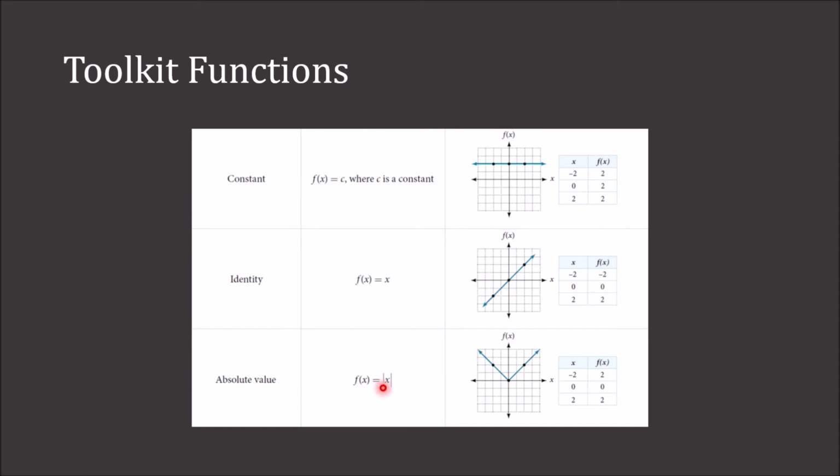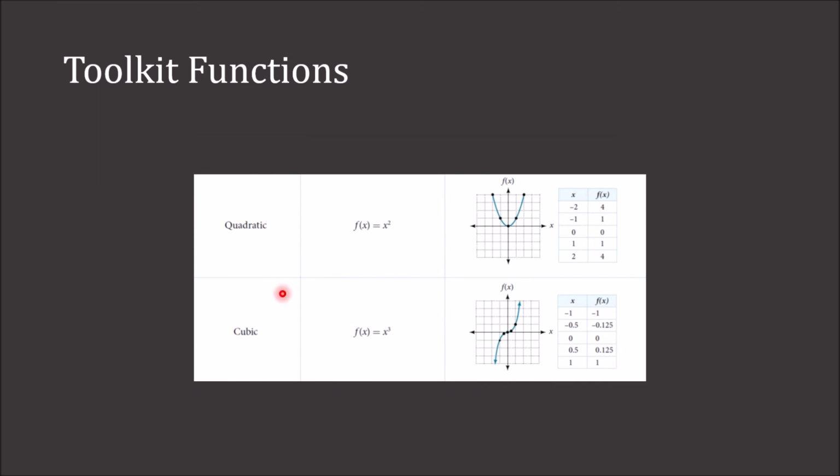We have the absolute value function, f of x is equal to the absolute value of x. The result is a V with the vertex at the origin. This is not 1 to 1, right? It fails the horizontal line test. Next, we have the quadratic, f of x equals x squared.